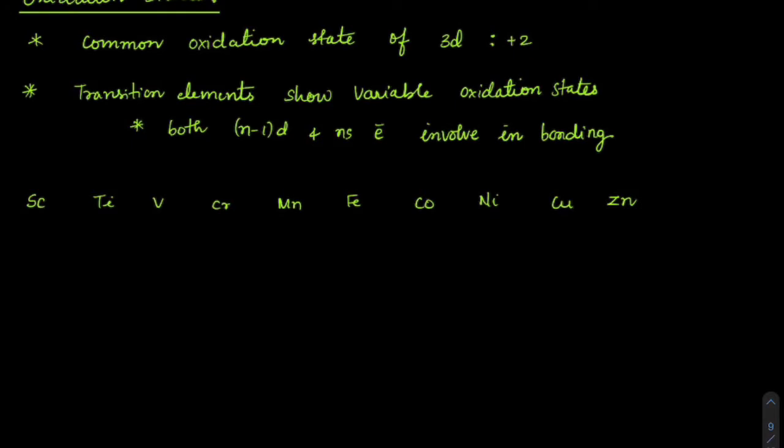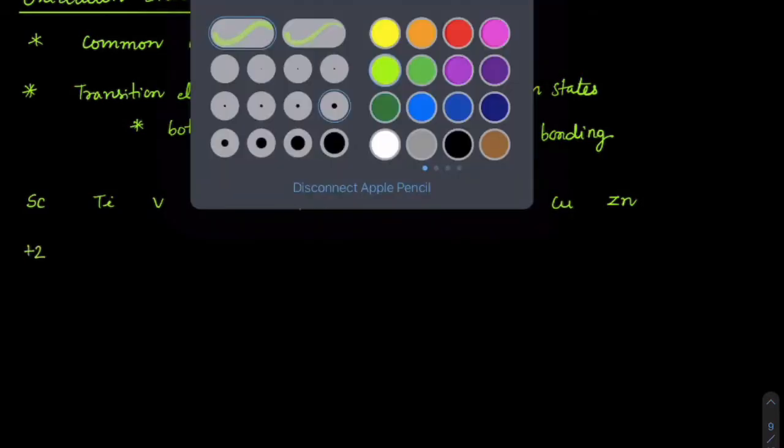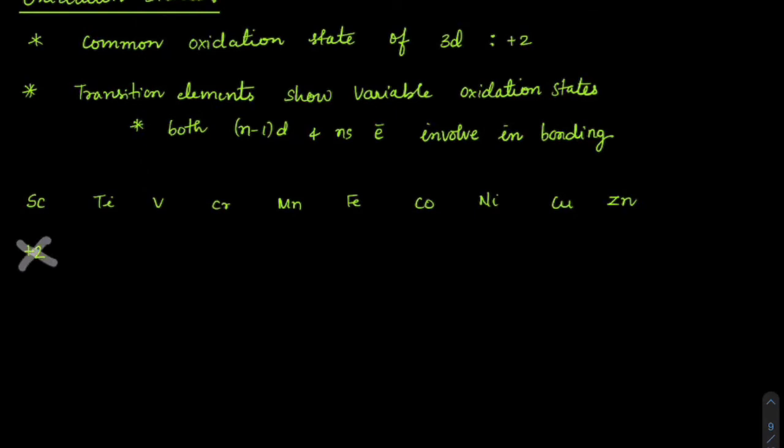you would see scandium is the only one which does not show +2 oxidation state, or I can say the +2 oxidation state is highly unstable for scandium. But from titanium onwards, all the elements do show +2 oxidation state.